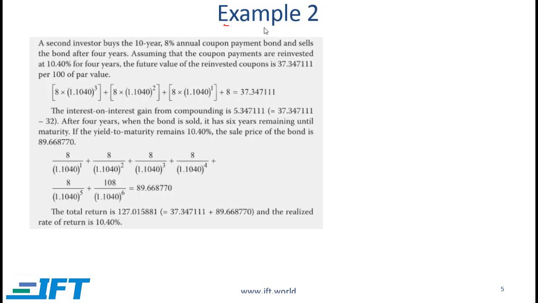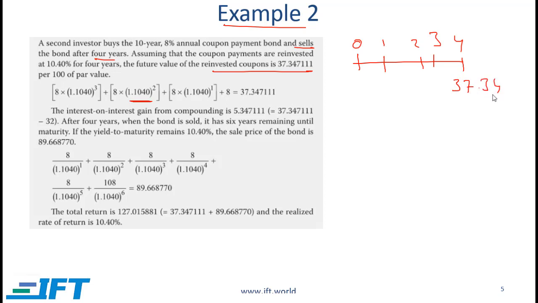Now take a look at example 2. We have a second investor who sells the bond after 4 years. So now the horizon is 4 years. The future value of the reinvested coupons is now 37.34, but we are assuming a 10.4% interest rate again. So at the end of 4 years, the reinvested coupons give the investor 37.34.